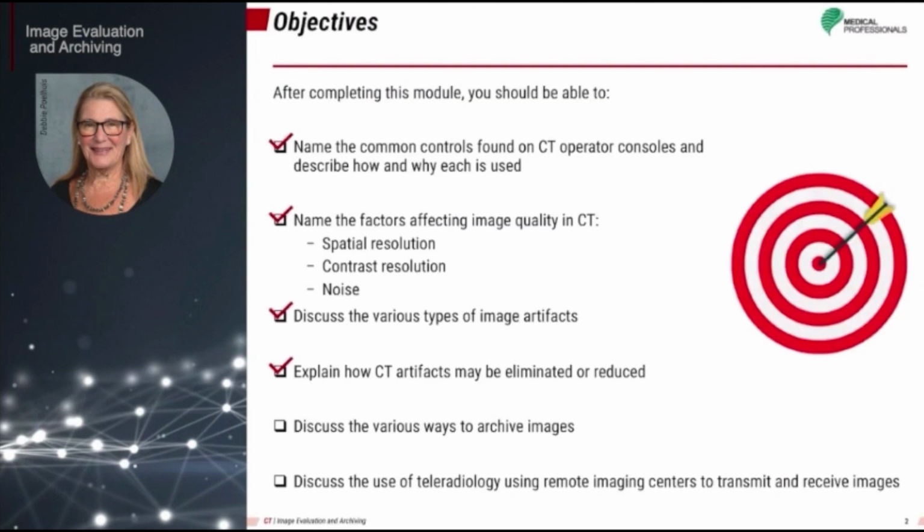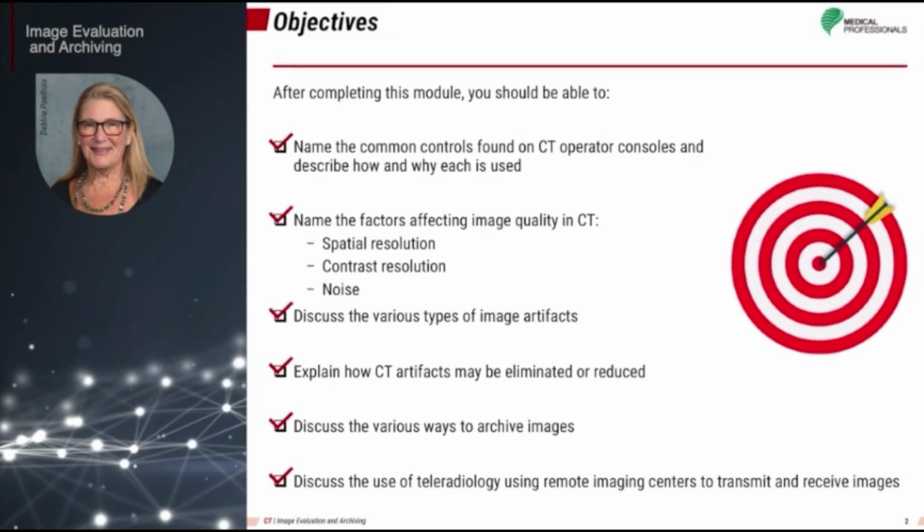So we have a number of objectives, and after completing this module, hopefully you will be able to name the common controls that are found on a CT operator console and describe why and how each is used. We will look at the factors that can affect image quality in CT, such as spatial resolution, contrast resolution, and noise.